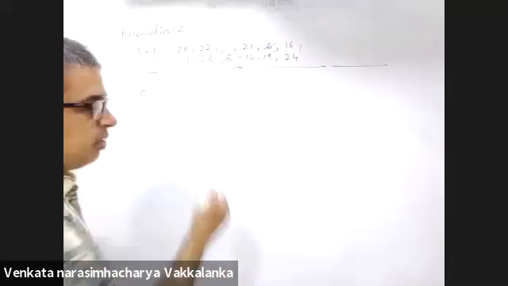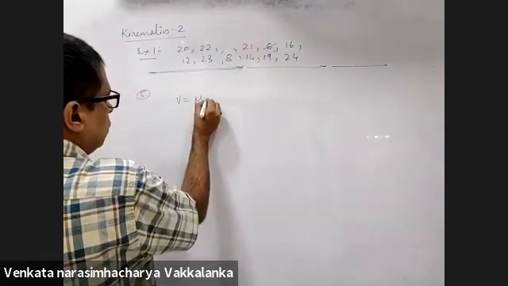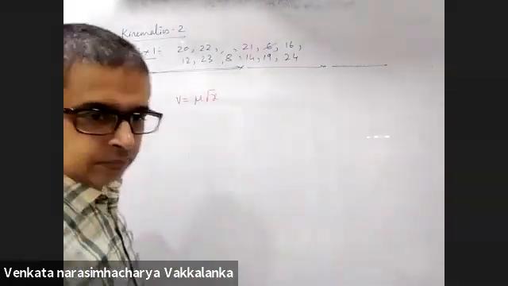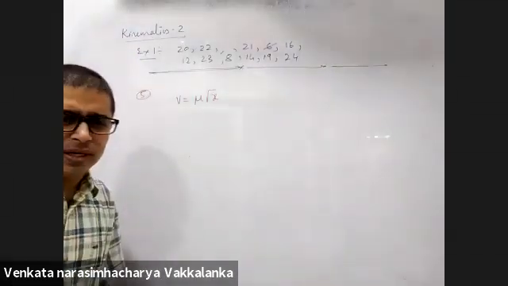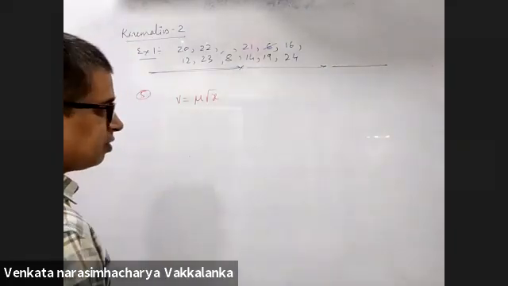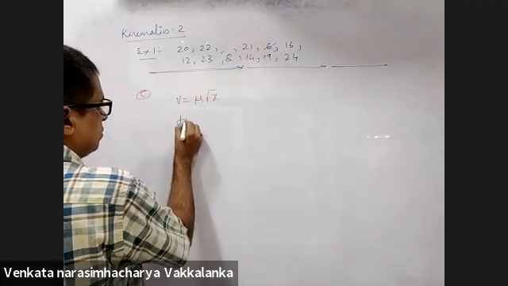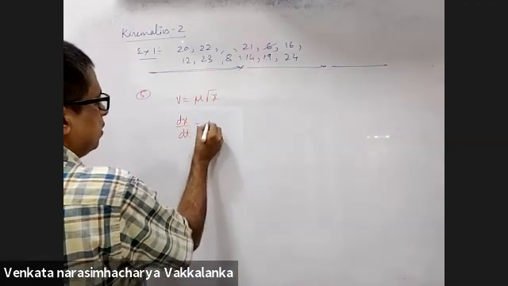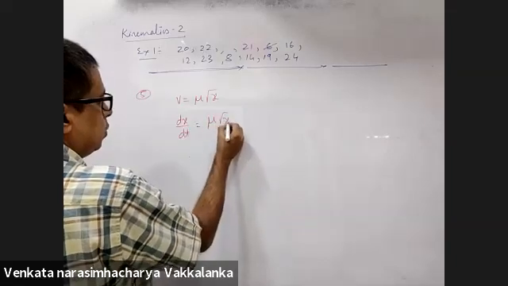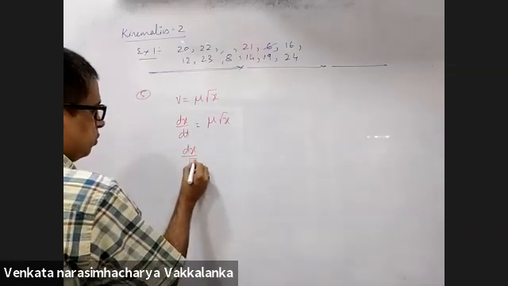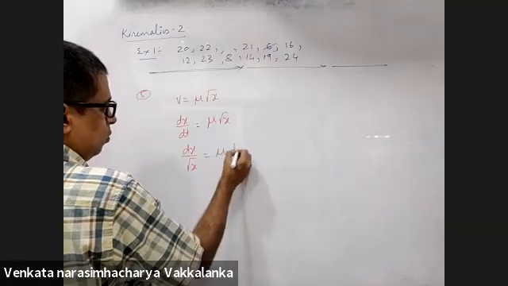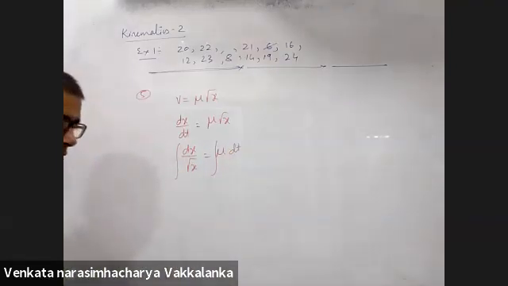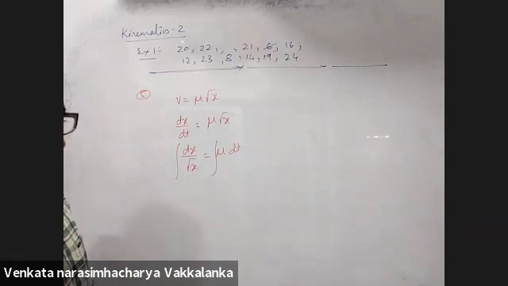Fifth one, you are giving me v is equal to mu root x. Average velocity of the particle over the first s meters of the distance. Average velocity is total displacement by total time. dx by dt is mu root x. dx by root x is mu dt. Now average velocity is total displacement by total time, over 0 to s meters.